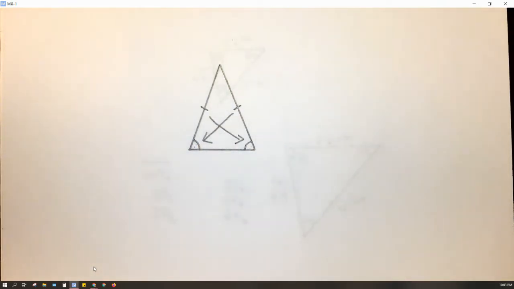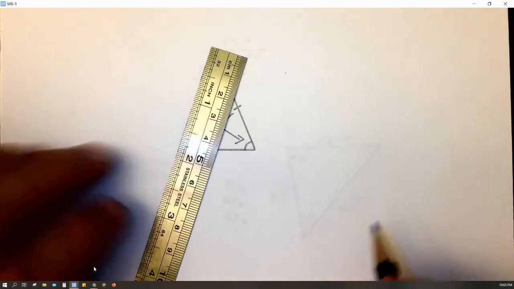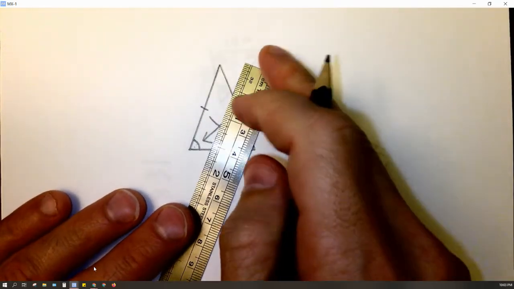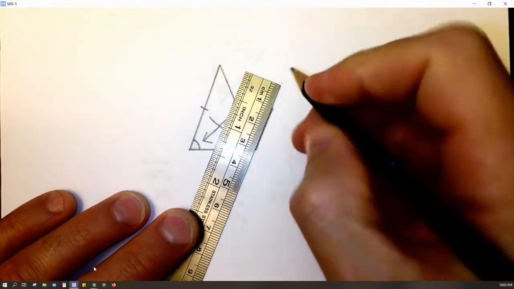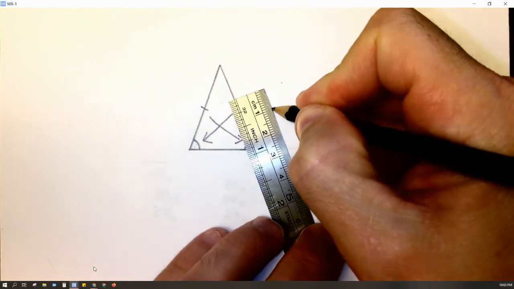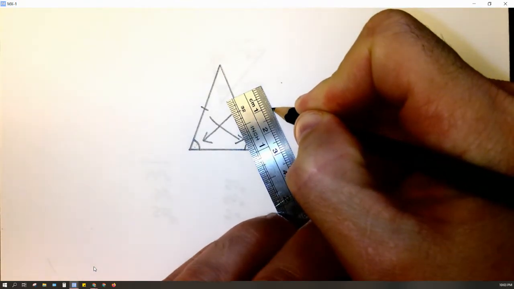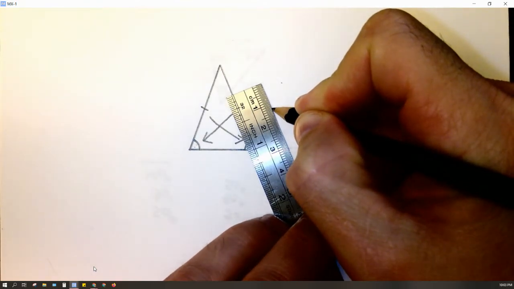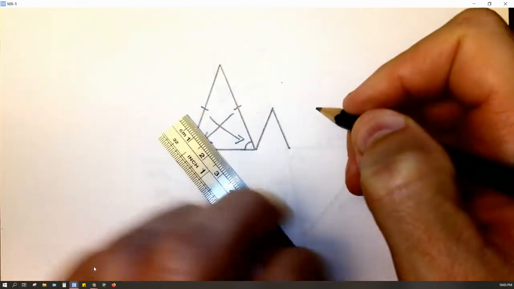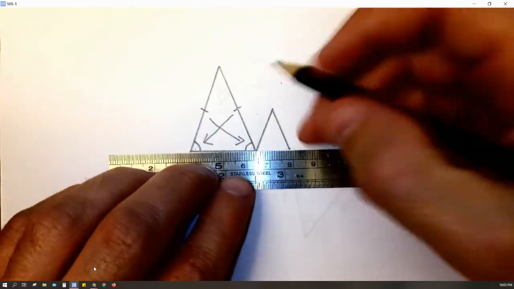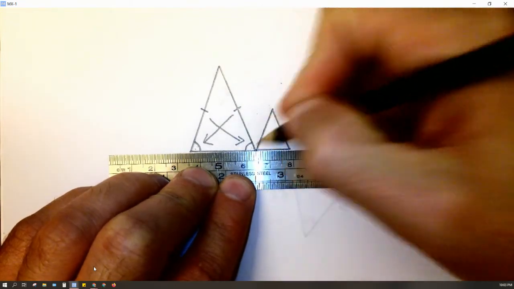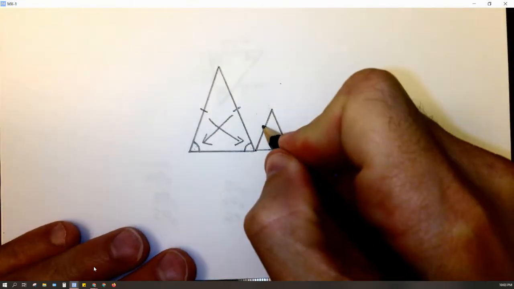So if I were to finish drawing that diagram that we just saw with another smaller triangle right next to it, then it would look something like this. And then I will mark that this smaller triangle has congruent sides.